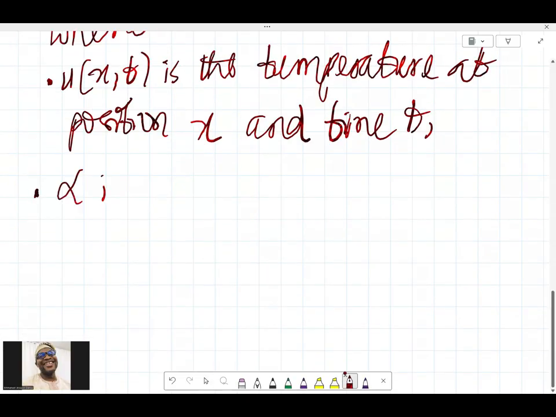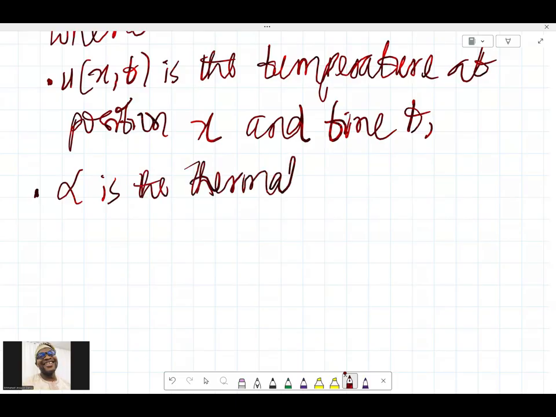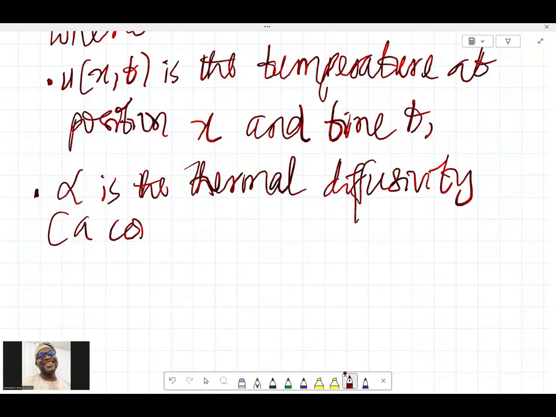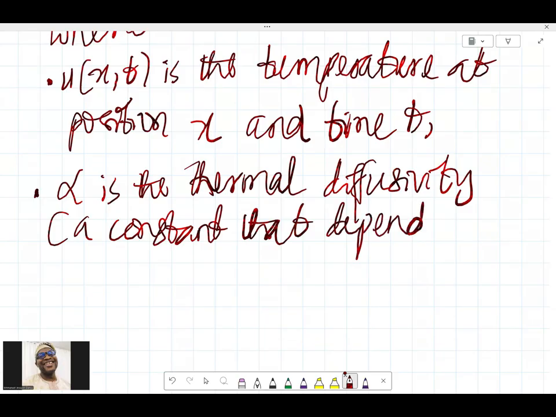Next, alpha is the thermal diffusivity. That is a constant that depends on the material.